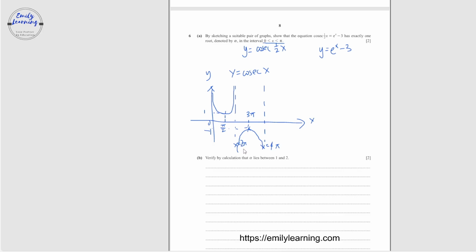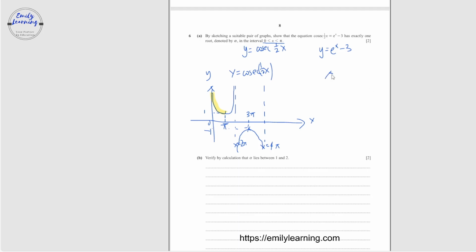And then finally we know that this minimum point occurs at x equals pi. But for this graph here, they only ask for x between 0 and pi. So I only need to sketch from here to here for cosecant half x.